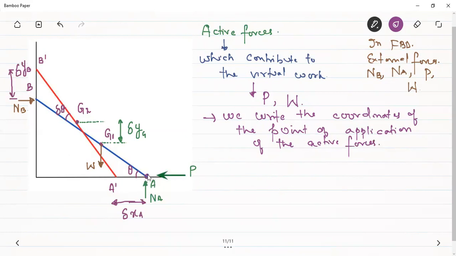See here, this point is a point where an active force is acting. So it will have some coordinates. Let me denote those coordinates by xA comma yA.